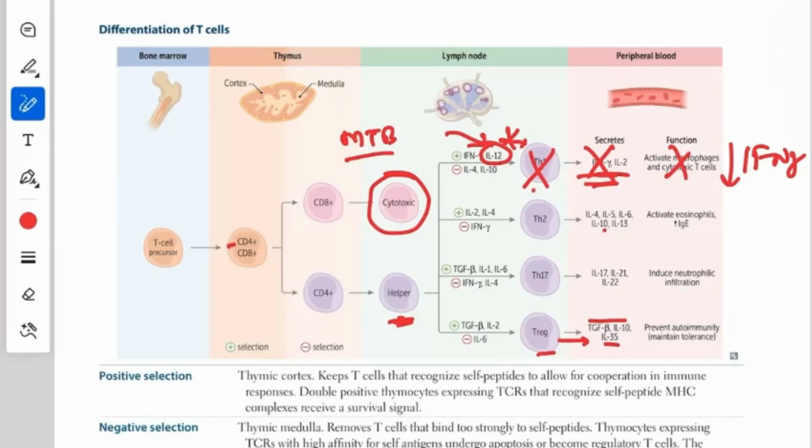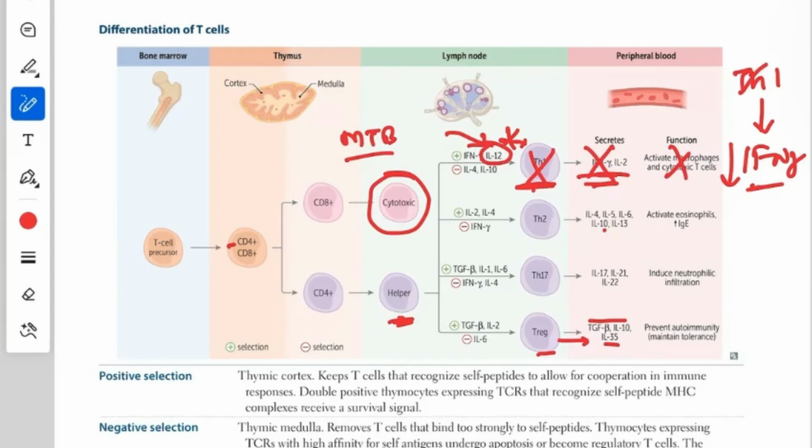And then they'll ask you, what's the problem? If it's low or absent, it means there is no Th1, which is the most important source in the body for producing this cytokine.